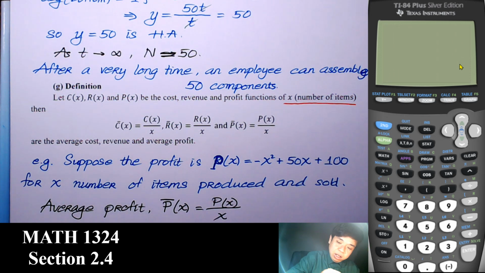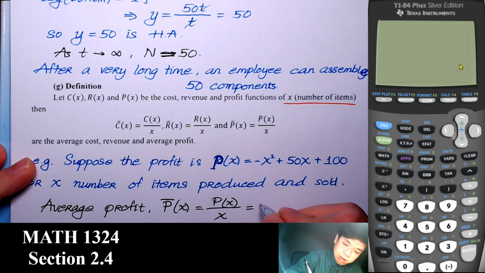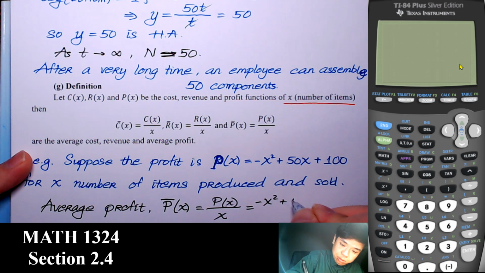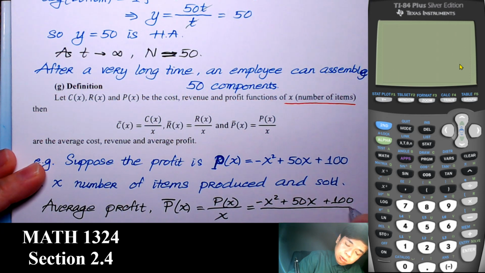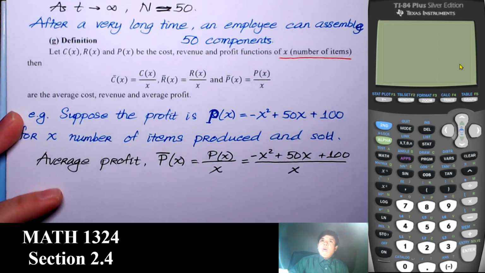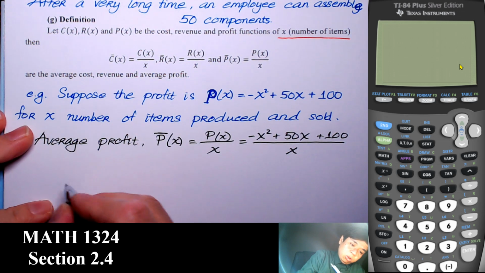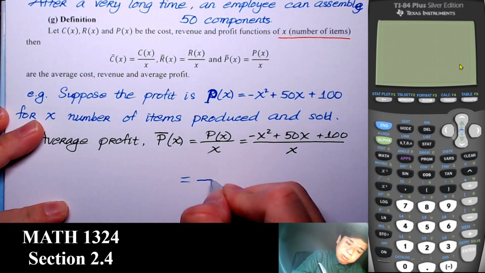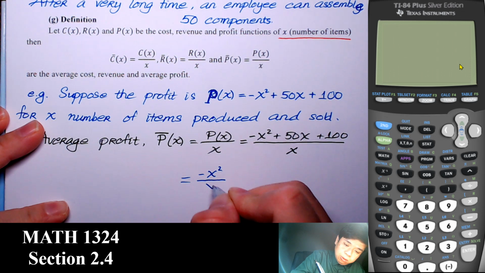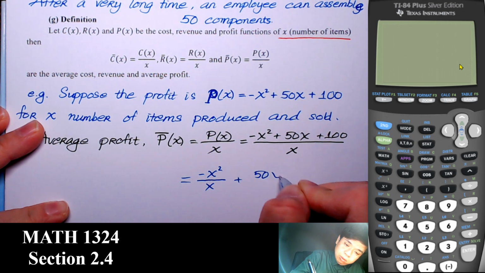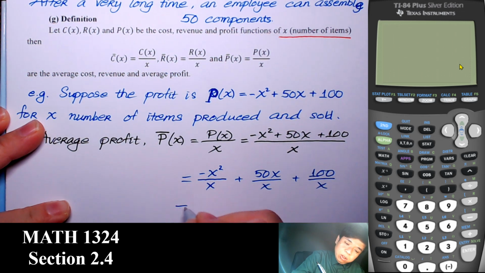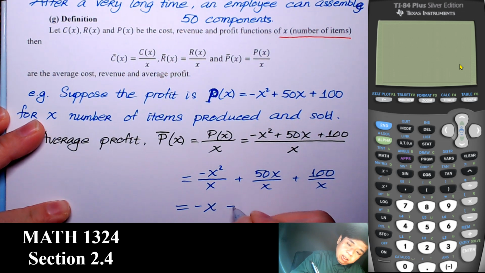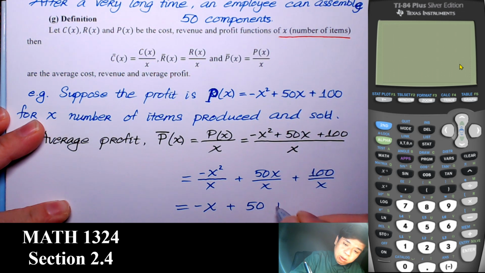So in this particular case, either we write it like that, or if we want to, we can also split it up and reduce to negative x plus 50 plus 100 over x.